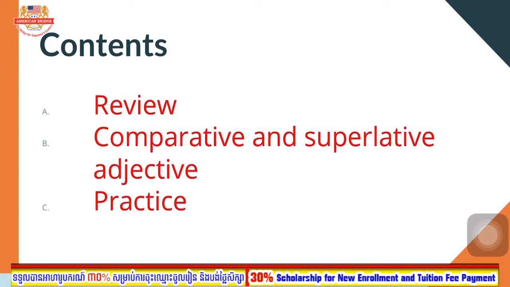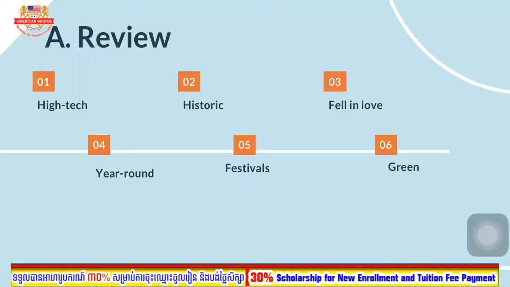But today the teacher has something new to teach you, something extra about comparative and superlative adjectives. And Part C is about practice. We have some exercises to practice after we finish learning this type of grammar. Now let's go to Part A altogether, review.